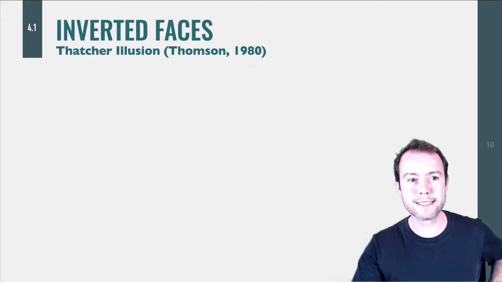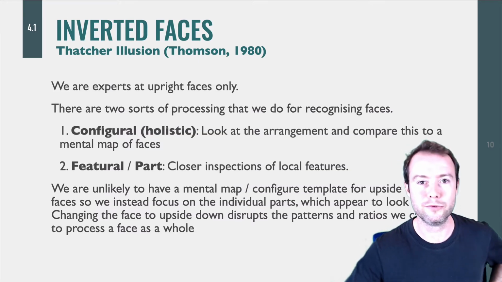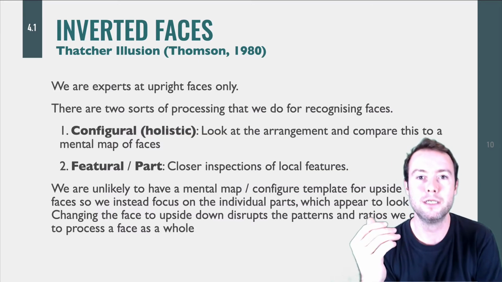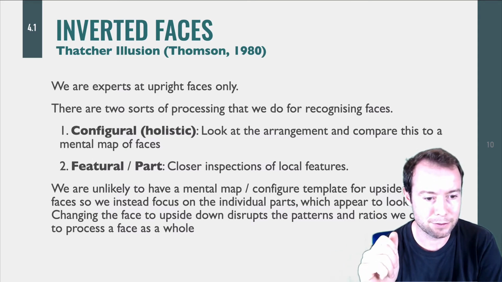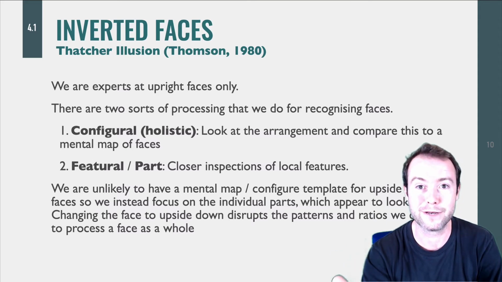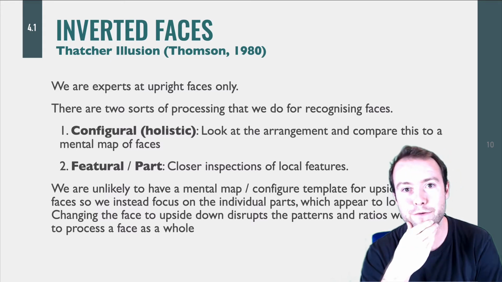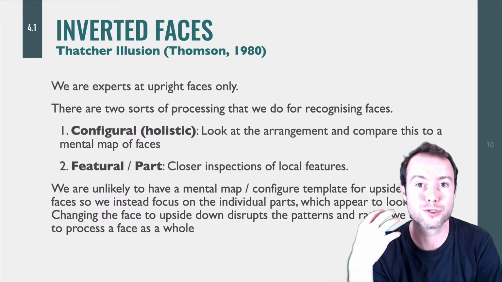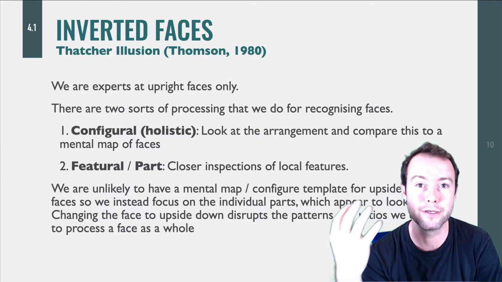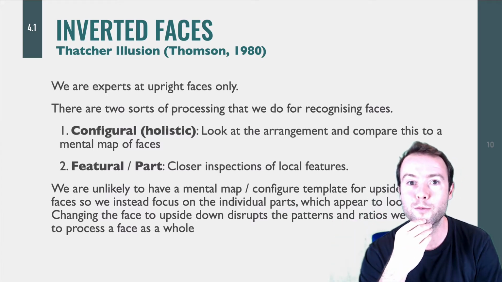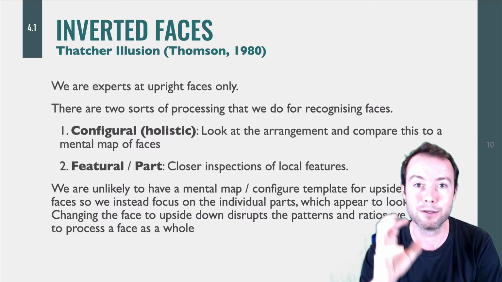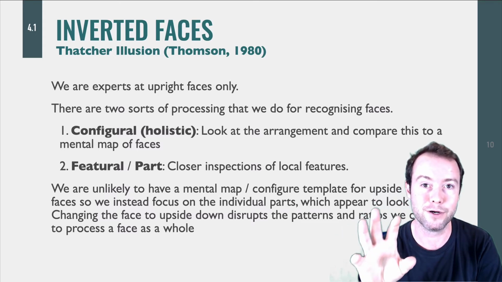So why does this happen, and what is it really illustrating here? Well, firstly, at one level, we only seem to be expert at recognizing upright faces only. So if we think about where we end up storing structural models of representations of what a face looks like, when we're storing these in the brain, we only tend to store an upright version of them.